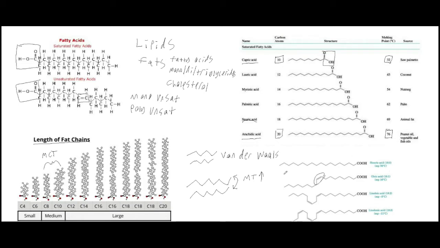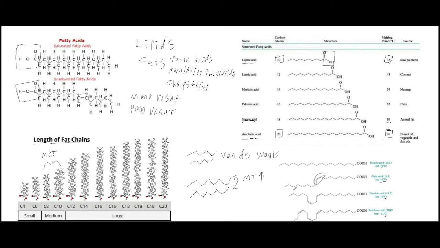So when it's saturated like this, the melting temperature of stearic acid, which here has it as 70, up here at 69, so it's in that 70 degrees Celsius range. Then adding a single double bond into it, the melting temperature is reduced quite substantially. Adding another double bond reduces it even more, and even more with 3 double bonds.